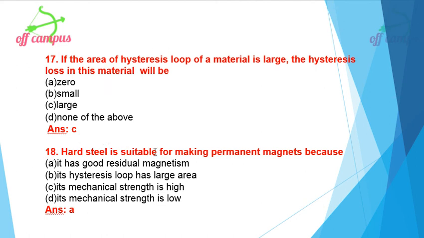Hot steel is suitable for making permanent magnets because it has good residual magnetism, its hysteresis loop has large area, its mechanical strength is high, its mechanical strength is low. Option A, it has good residual magnetism, is the right option.